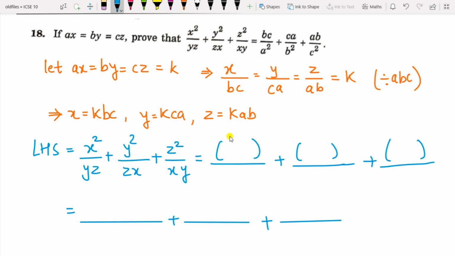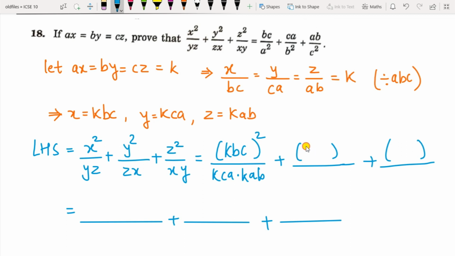Now you have to substitute these values. This was not in a ratio form, you need to convert it into the ratio form. Therefore we have to divide it by ABC. So x square will be KBC square upon y into z, so KCA into KAB.